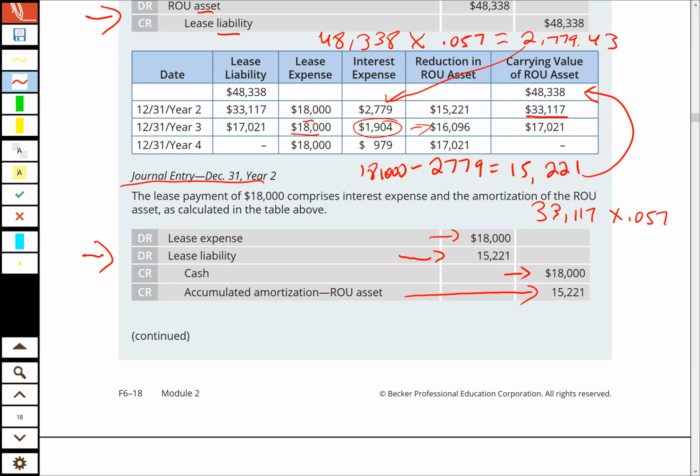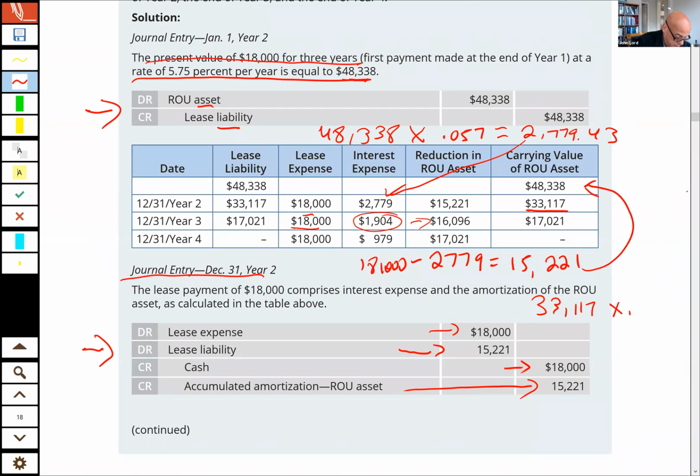I think you need to add, it's 5.75%. You are only multiplying it by 0.57. Oh, I see. You're saying 0.0575? Yeah. 33,117 times 0.0575 gives me 1,904. Thank you, Tommy.